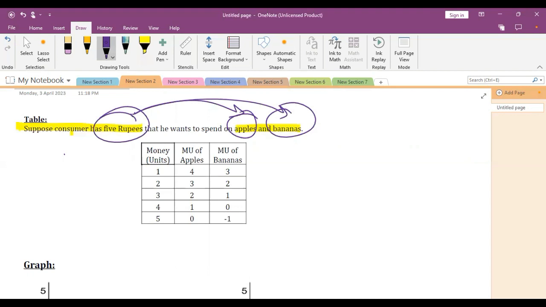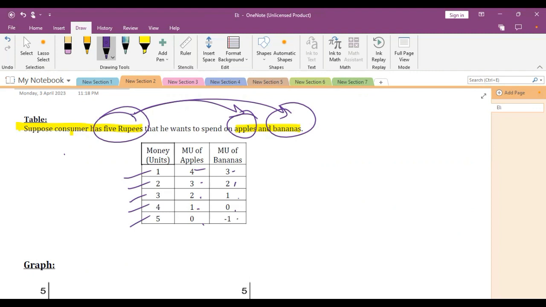So let's make a table. Money units are rupees 1, 2, 3, 4, 5, and marginal utility of apple is 4, 3, 2, 1, and ultimately 0. And marginal utility of banana is, let's say, 3, 2, 1, 0, and minus 1. Let's make their total here.